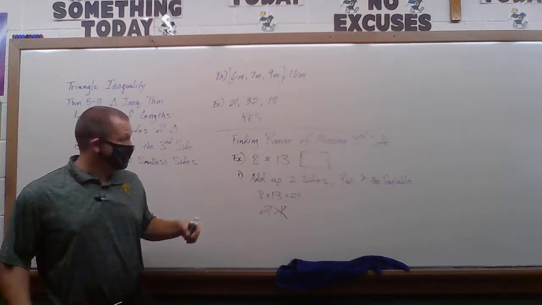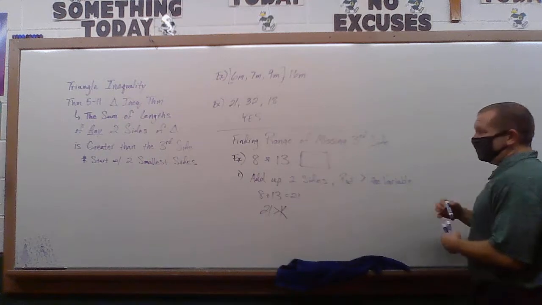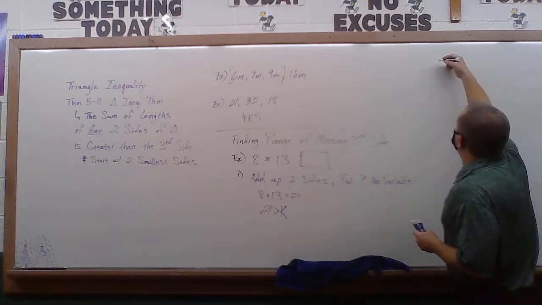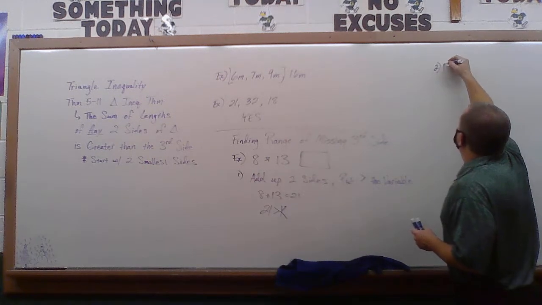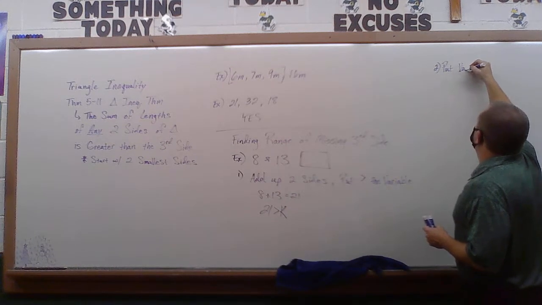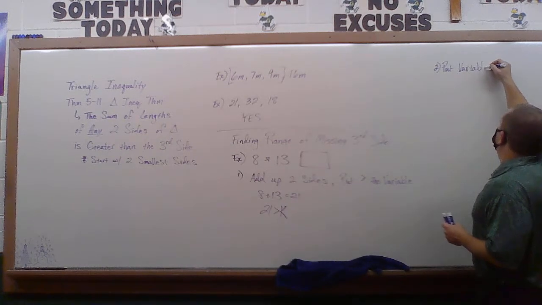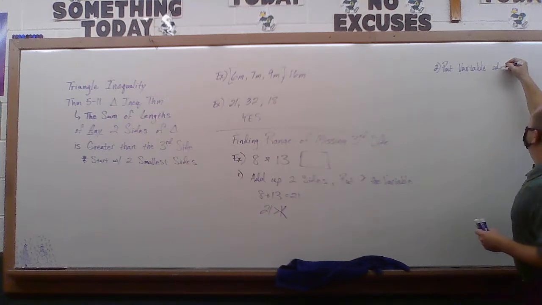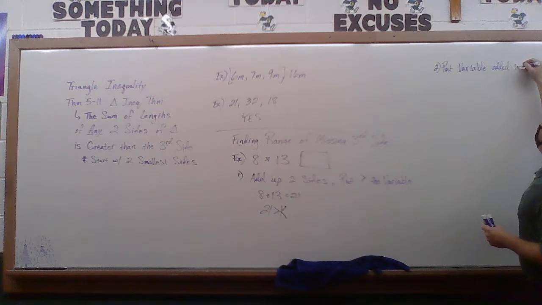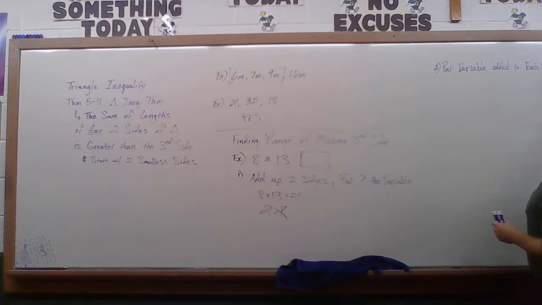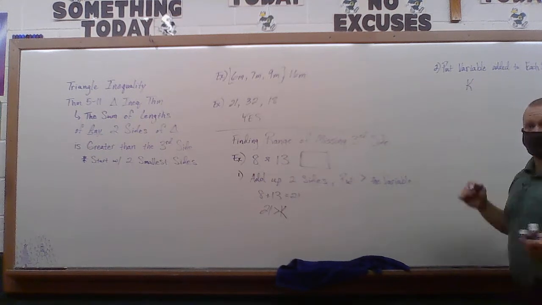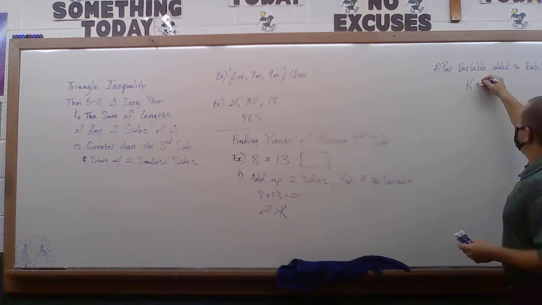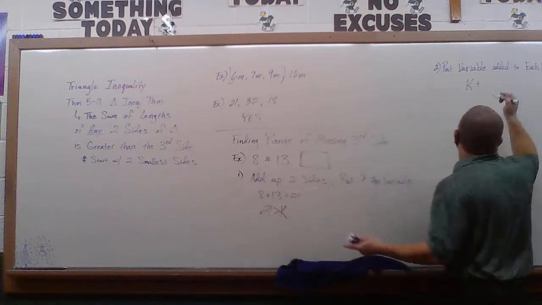Everybody agree? Okay. The next thing I'm going to do is put the variable added to each side that I have. So K, or whatever your variable is, I'm going to add it to each individual side that was originally given to me.